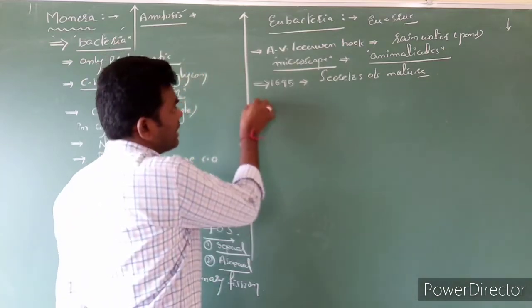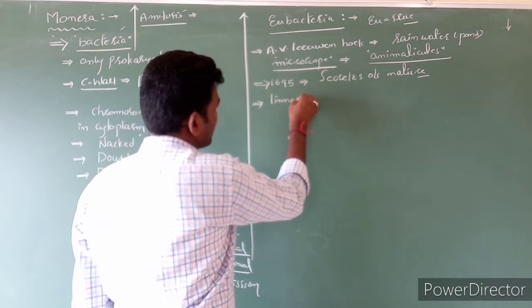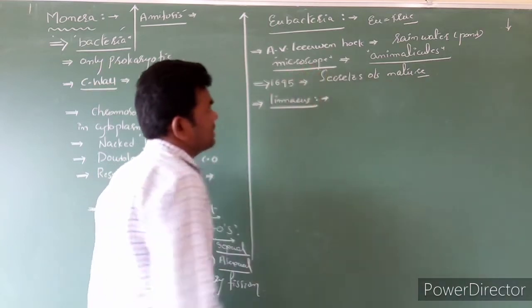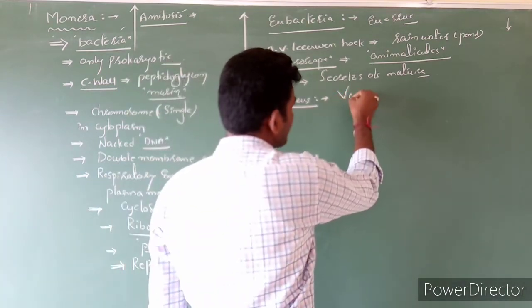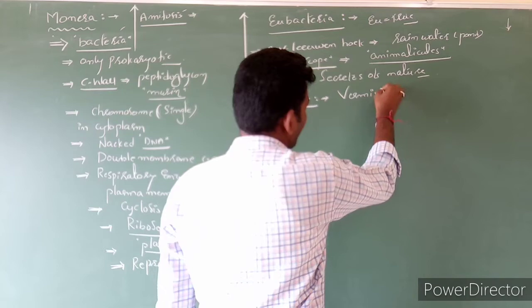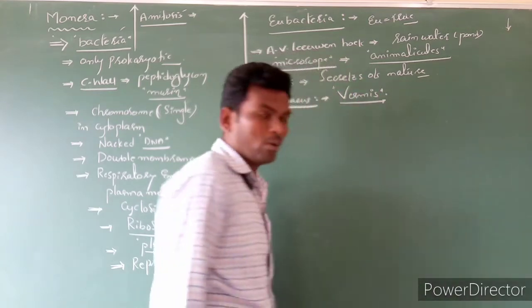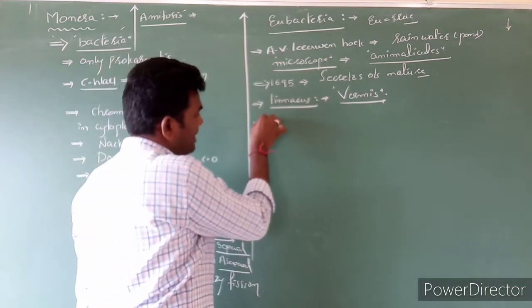Next, later, Linnaeus observed the same microorganisms. He called them vermis, V-E-R-M-I-S. Later, Louis Pasteur.